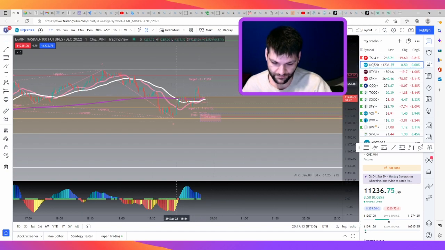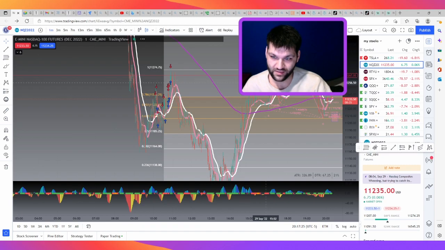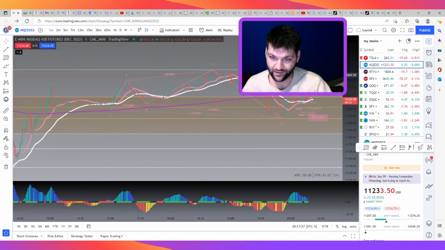So that's what we're looking for, either the bounce or the rejection. If we do reject back down here, then that'd be great. I can go ahead and re-enter, but I wouldn't be surprised if we get a little pop back up here to then create a third rejection here, and that's what I'm looking at, okay?